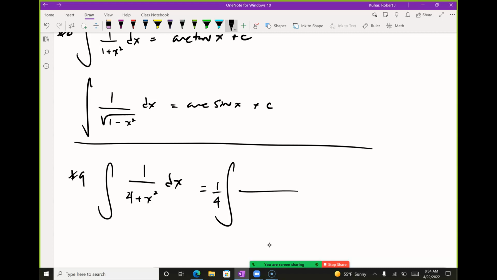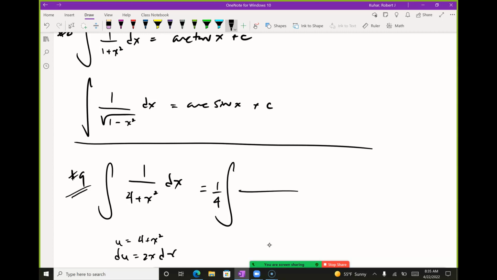I don't think it's more than anything else, because most of the time when we had something like this downstairs, we picked the downstairs to be u. But in this particular case, what happens if downstairs is u? What's du? In level 9, if I let u be the downstairs, du is 2x dx.